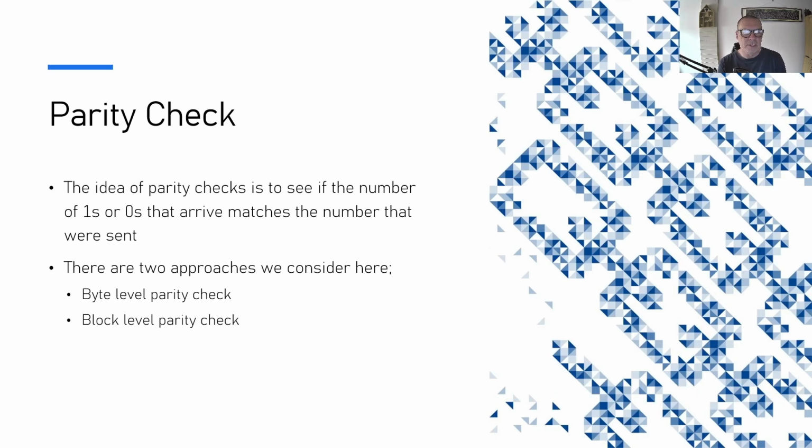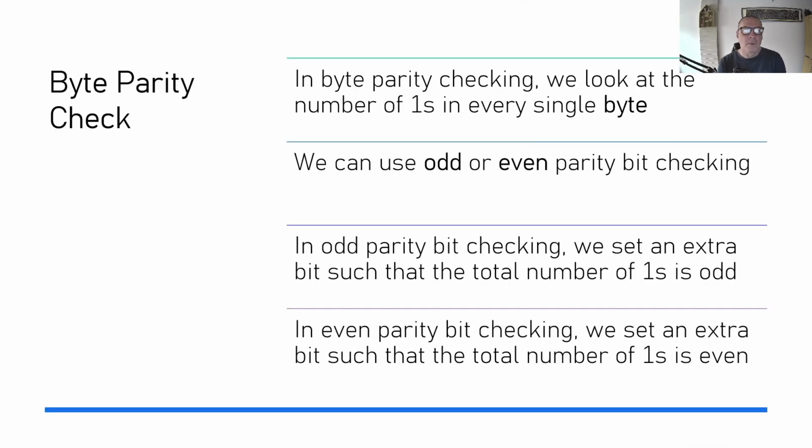The idea of a parity check is to see if the number of ones or zeros that arrive matches the number that was sent. There are two approaches that we'll look at: byte level parity check and block level parity check. So in a byte parity check, we look at the number of ones in every single byte that we send.